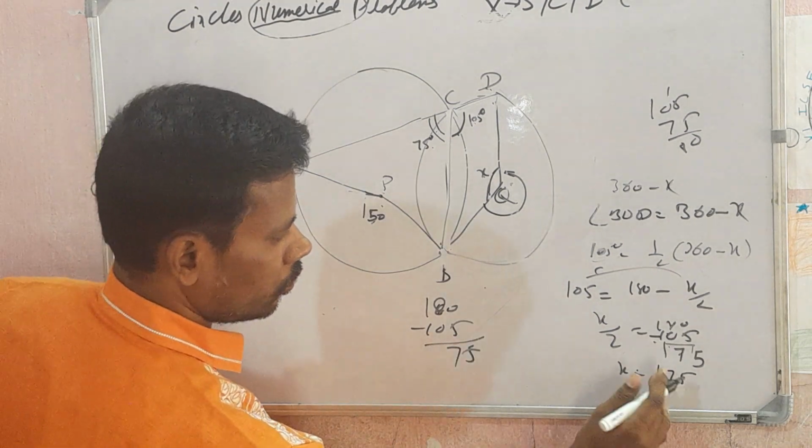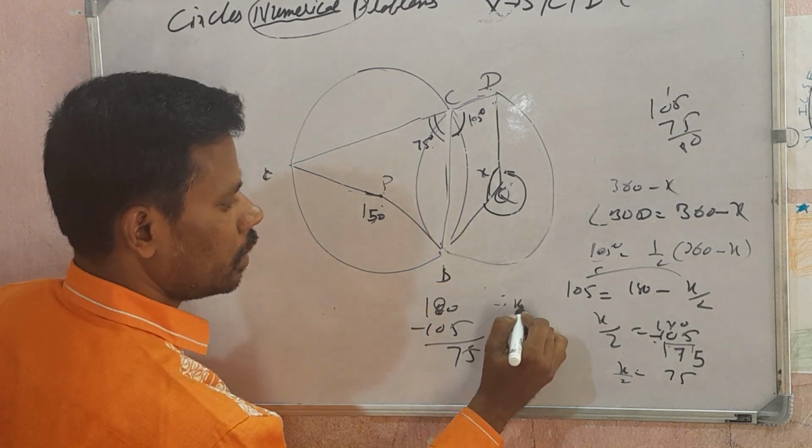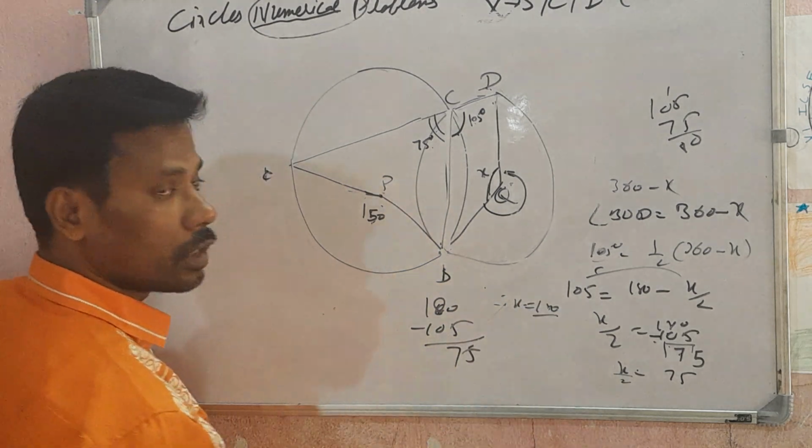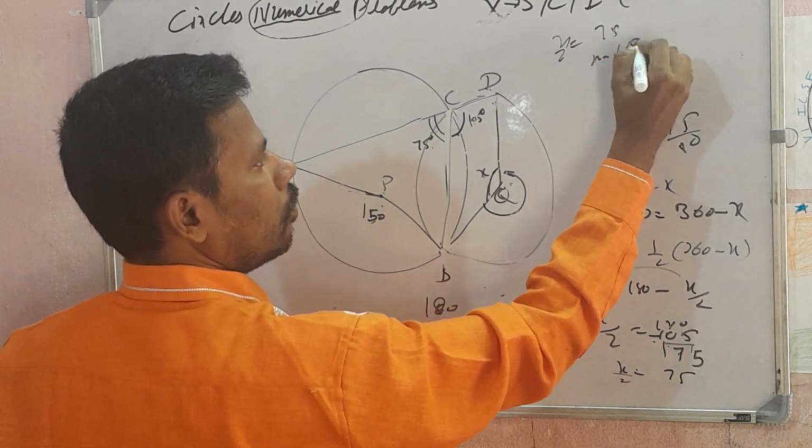So X by 2 is equal to 75. Therefore X is equal to 150. Right, are you following? X by 2 is equal to 75, X is equal to 150.